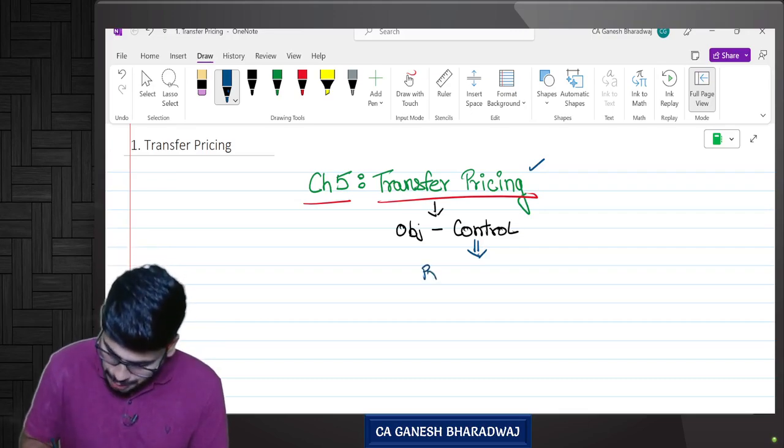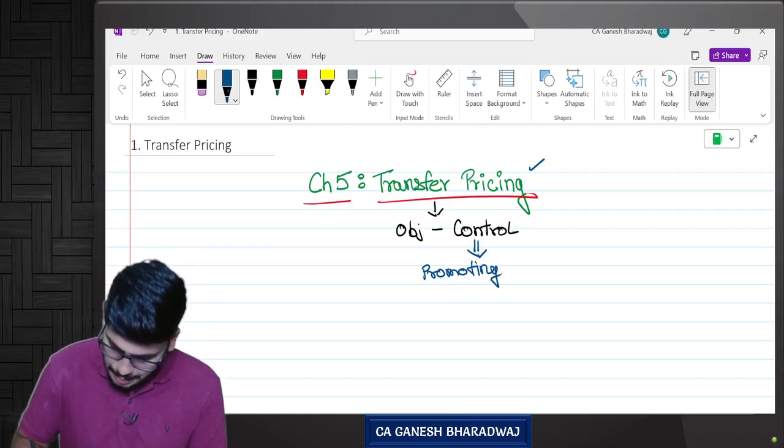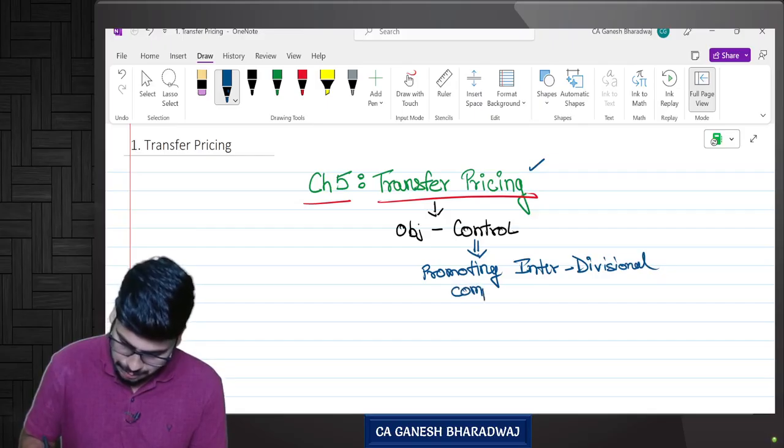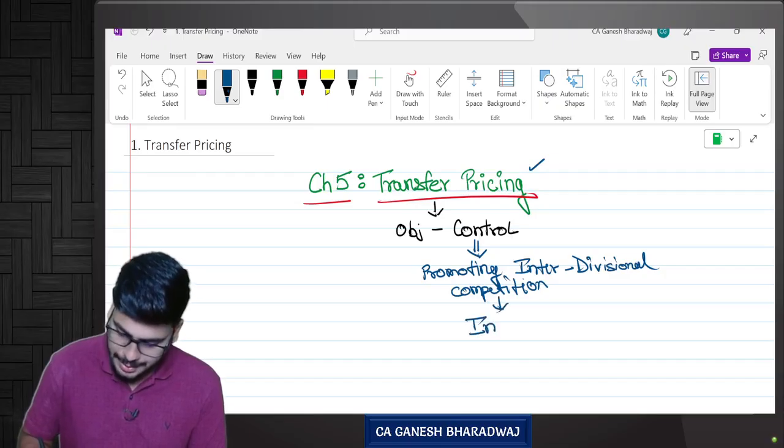By promoting interdivisional competition, which actually increases the efficiency of all the divisions in the company.